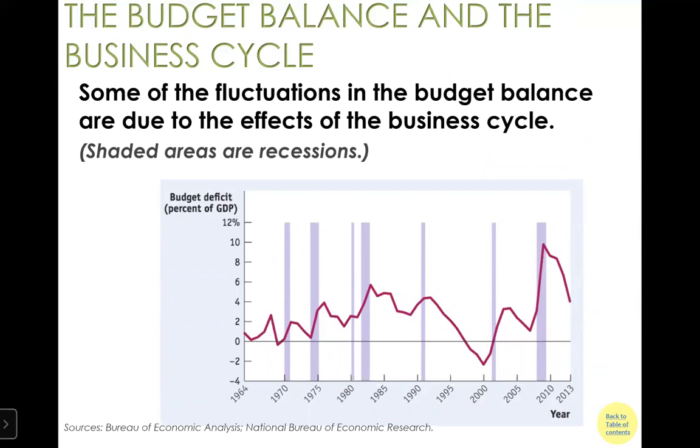Okay. So if we look at the budget deficit or the budget balance, this is the United States from 1964 to 2013. Of course, these things are going to fluctuate, right? And this just confirms what we discussed in previous slides: when the economy is in recession, those are the recessions, the budget deficit will spike, it increases.